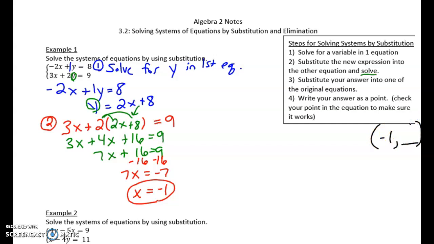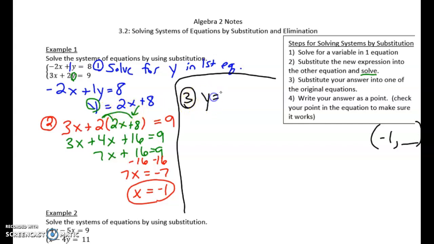All right, now we're on to step 3. Substitute your answer into one of the original equations, and it doesn't matter which one you choose. So we're going to take that negative 1 and put it into one of the original equations, or you could put it in the equation that you found in step 1. I think that's what I'm going to do.